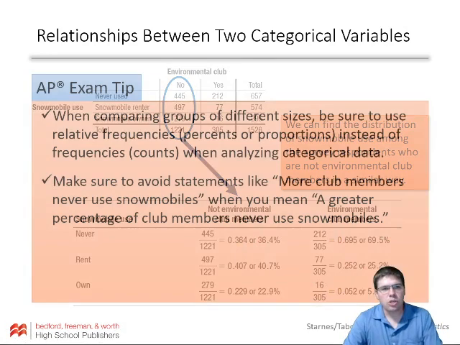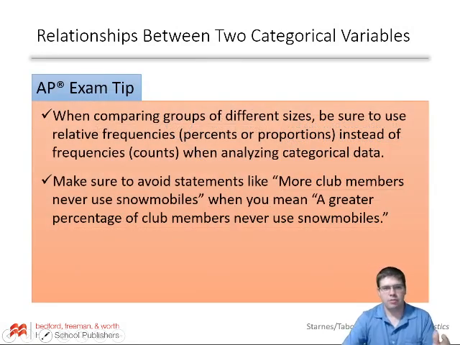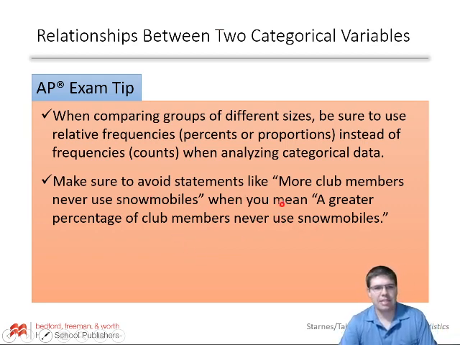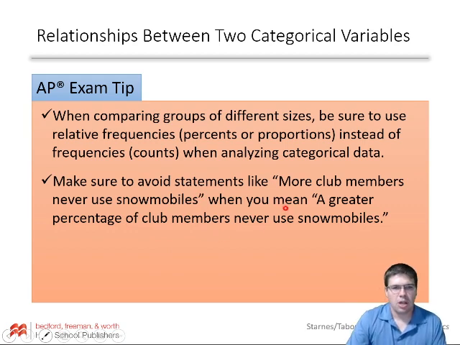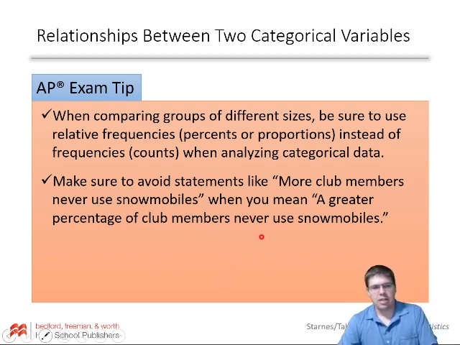So when you are comparing groups of different sizes, make sure you use relative frequencies, percents or proportions, instead of counts, to make up for the fact that a bigger sample is going to have more individuals in those categories. Make sure to avoid statements like "more club members never use snowmobiles" when you mean a greater percentage of club members never use snowmobiles.